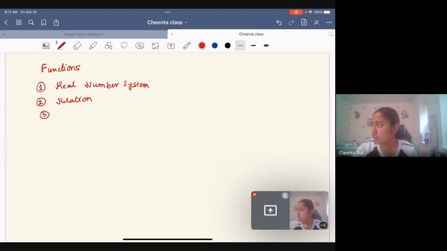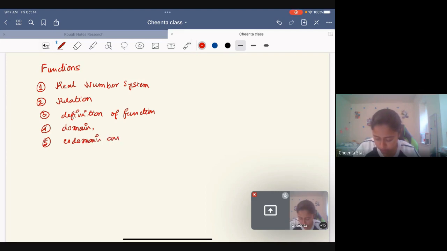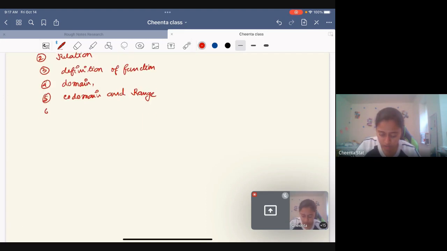Then the definition of function. Then domain, codomain and range. And finally, I will do limit.